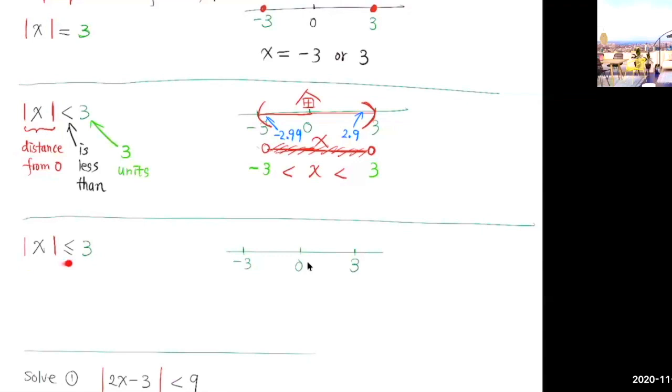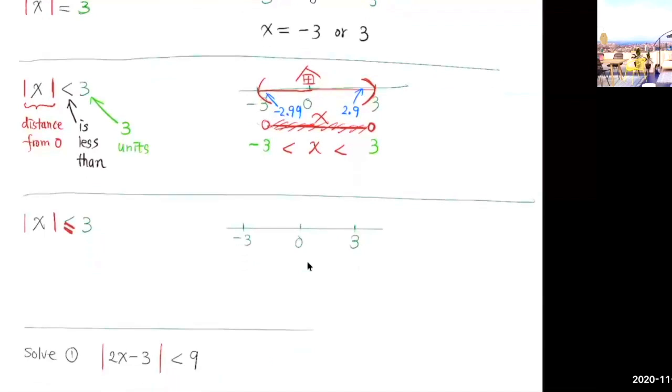Okay, now the next one here. This time it has an equal sign, less than or equal to 3. So it will be similar, right? We first locate -3 and 3. If I want the absolute value to be less than or equal to 3, that will be the inside over here. Should I include the endpoints, the 3 and -3?